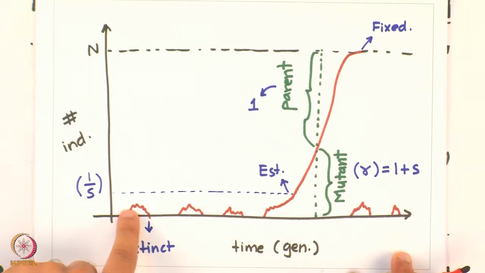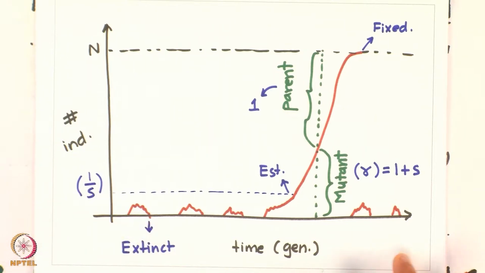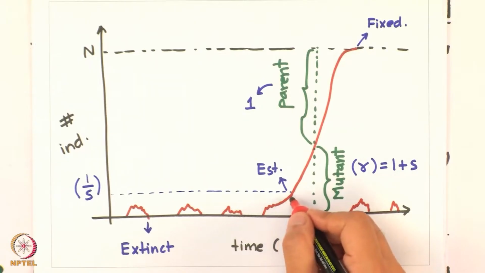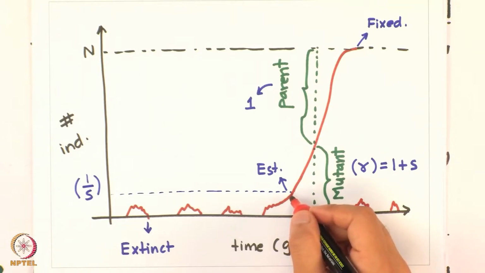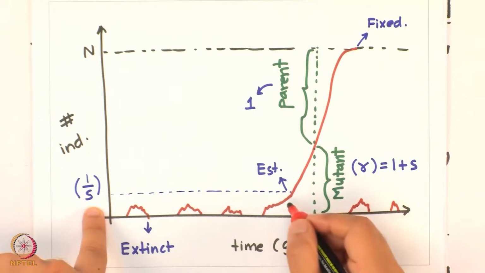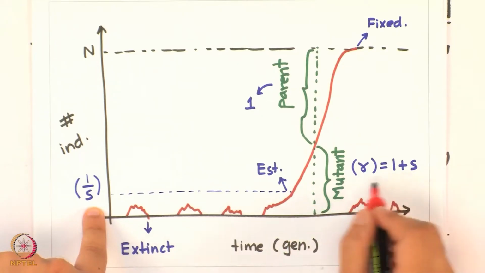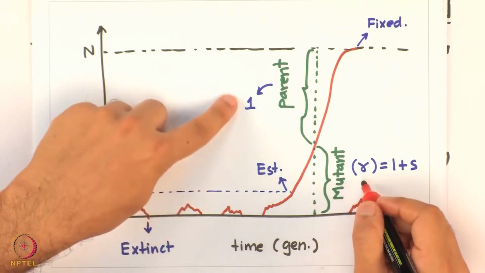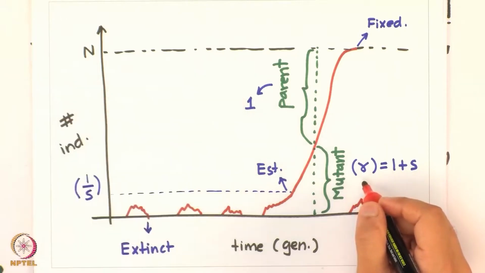Their numbers go up, but randomness, or genetic drift, ensures that most mutations are lost and go extinct as we progress in time. However, once in a while we will have a mutation whose number of individuals carrying that genotype divides and exceeds 1 by s, where 1 plus s is the fitness of the mutant, whereas the rest of the population has a fitness equal to 1.